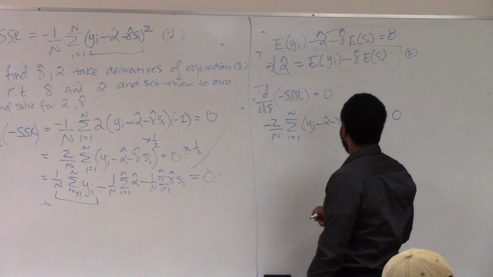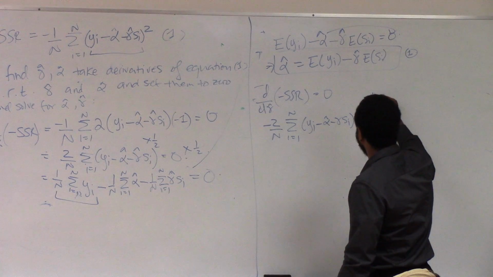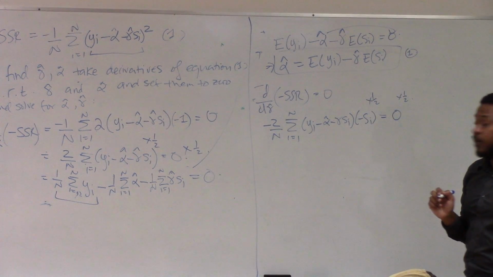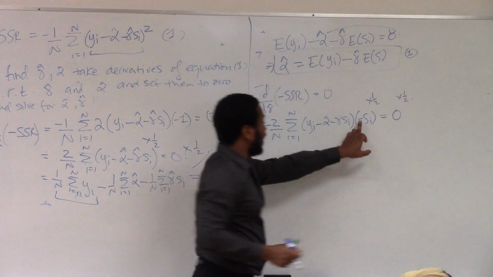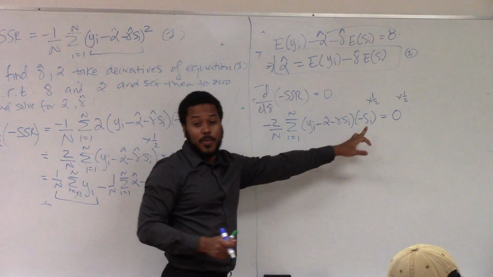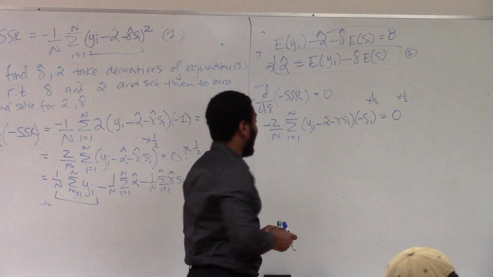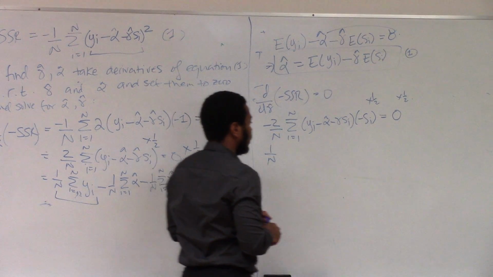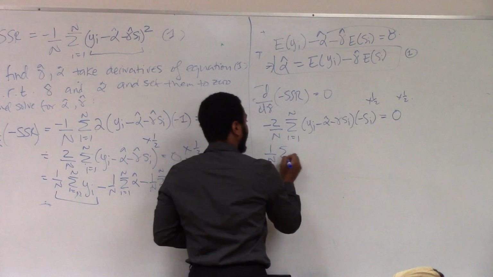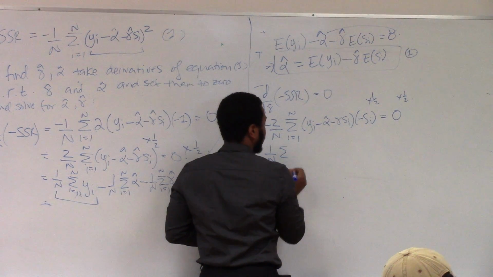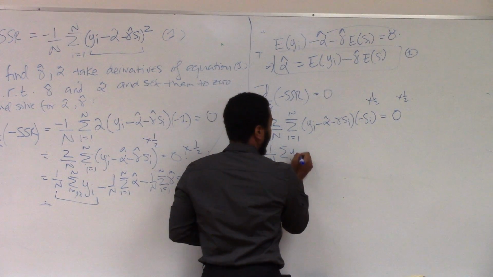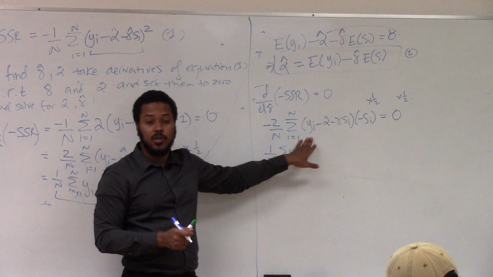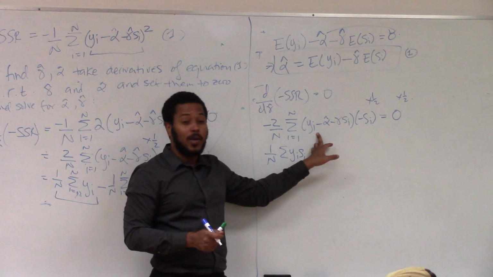Now, what we can do is multiply both sides of this by a half, like we did previously. We have a minus sign here and a minus sign here, so those two minus signs are going to cancel. The first term we're going to have is 1 over n, the sum of yi times si, because we get this si multiplied by this yi.